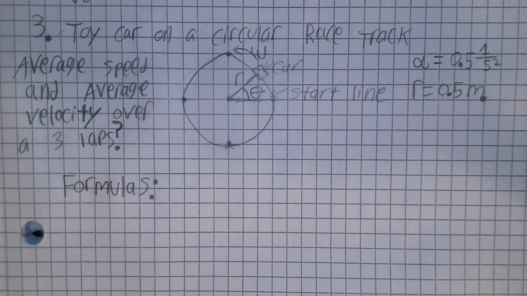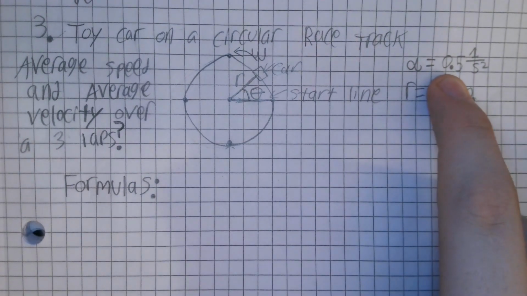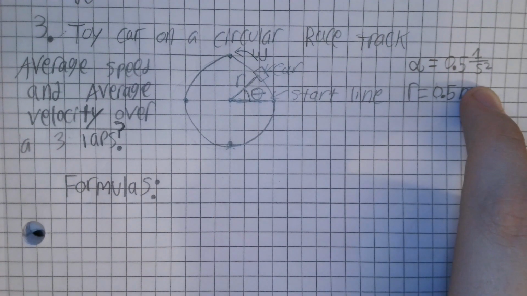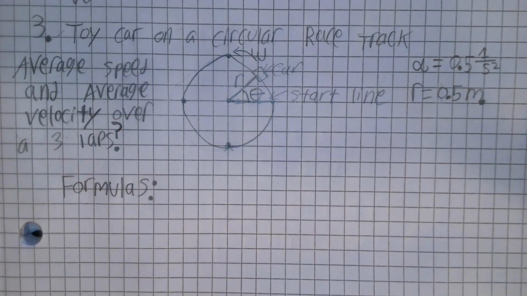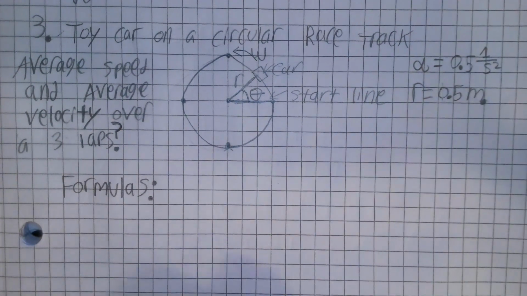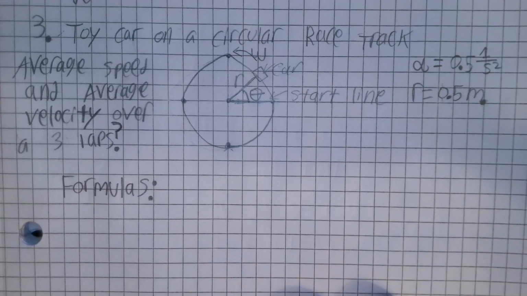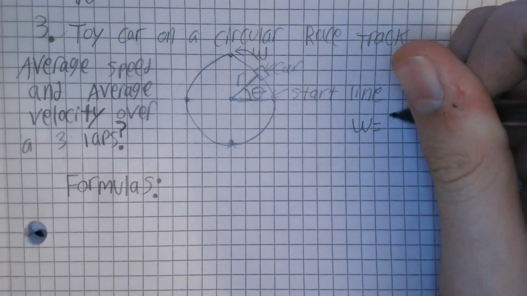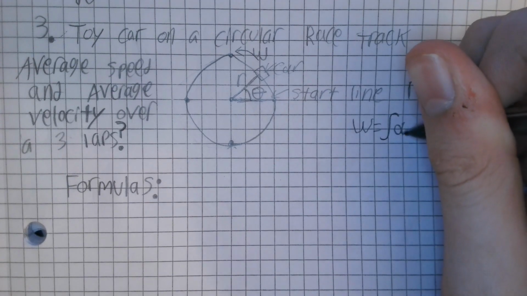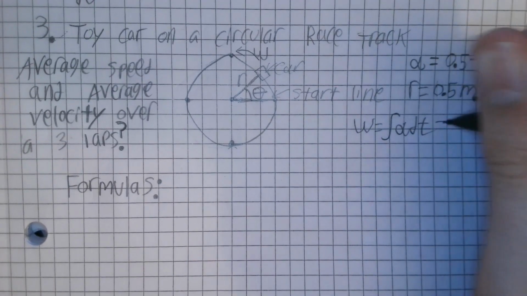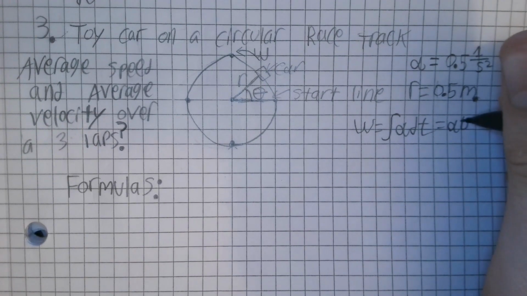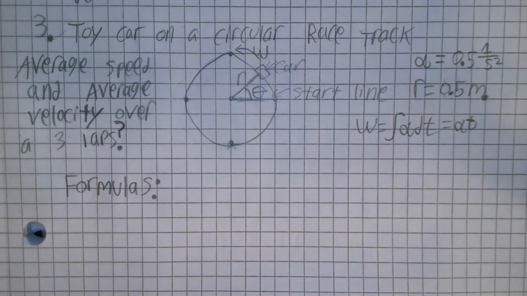is we can go ahead and say, okay, well, we have a constant angular acceleration. So we can find angular velocity to be the integral of angular acceleration with respect to time, which is just alpha t.